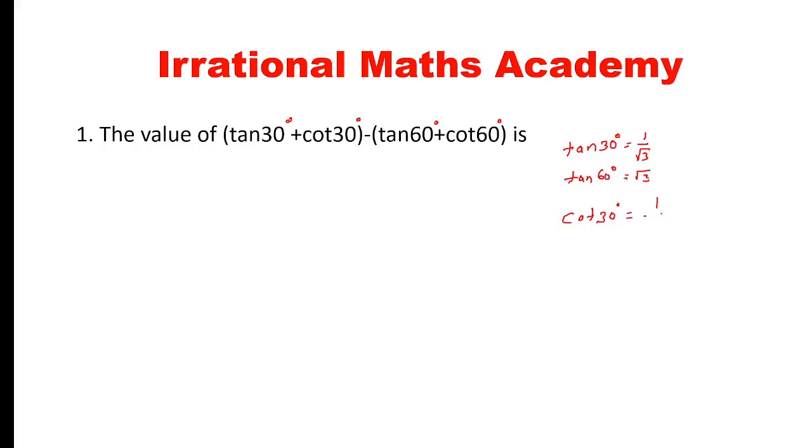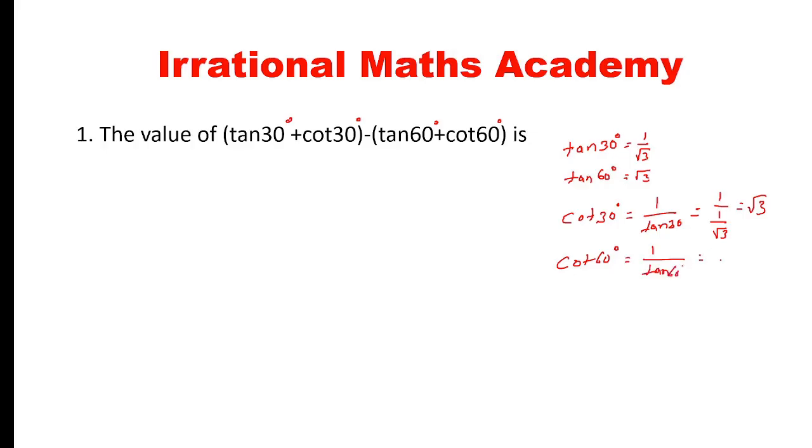Cot 30 is nothing but what? 1 by tan 30. What will we get here? 1 by tan 30 value is 1 by root 3, the value is root 3. Or cot 60 is 1 by tan 60.